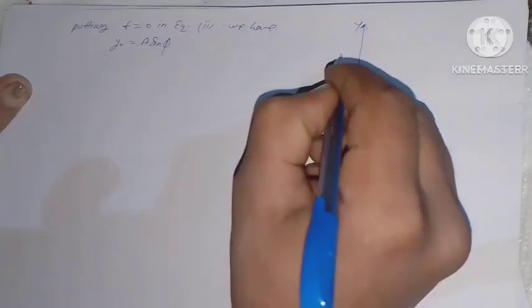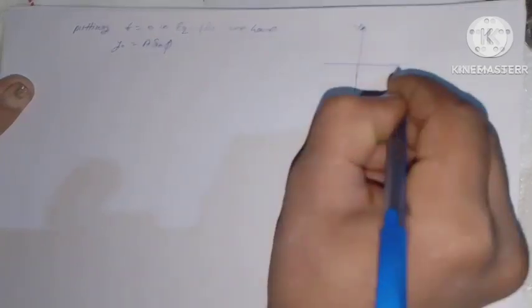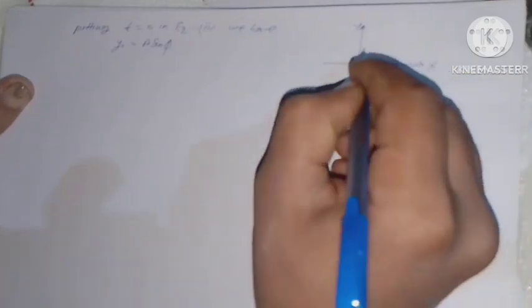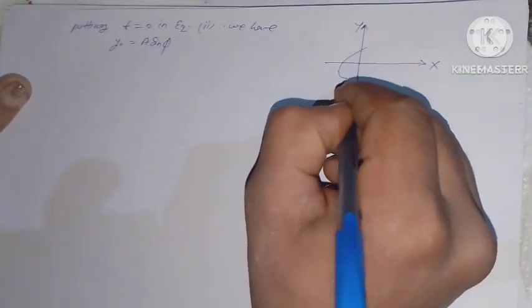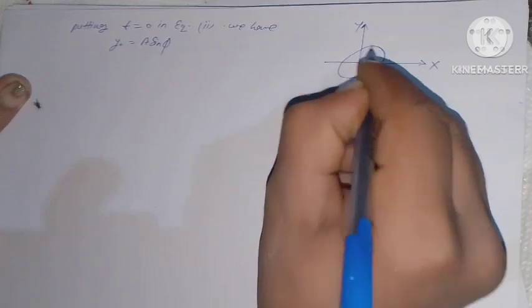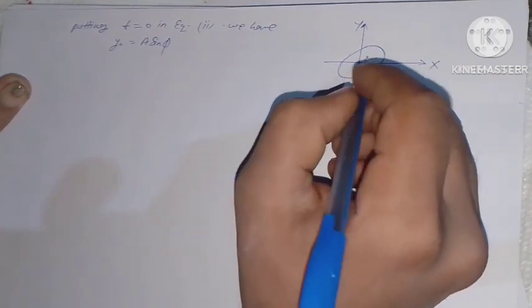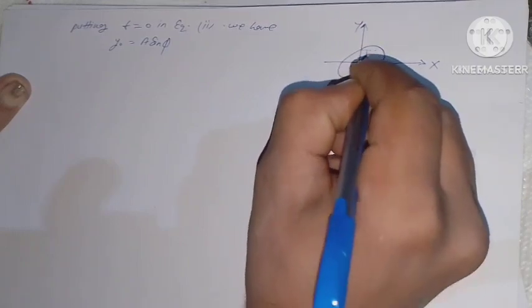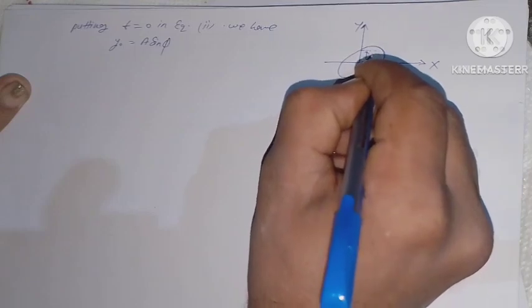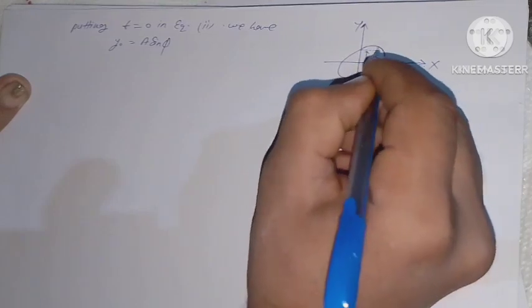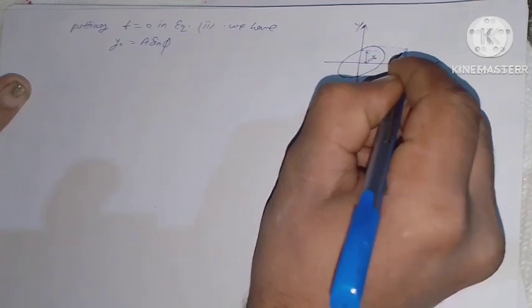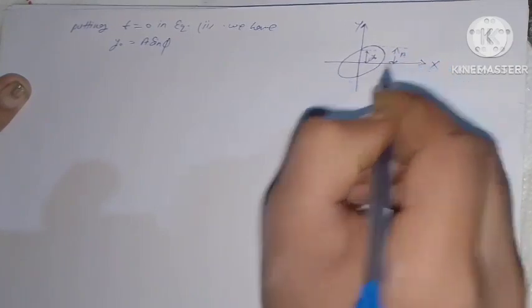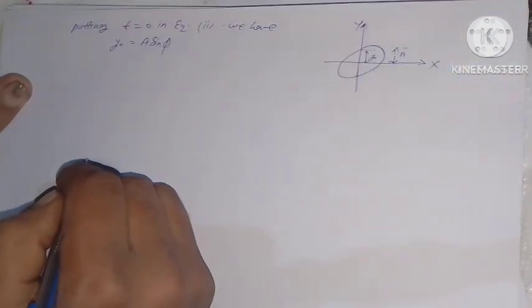This is y, this is x, this is y naught, and this is a.